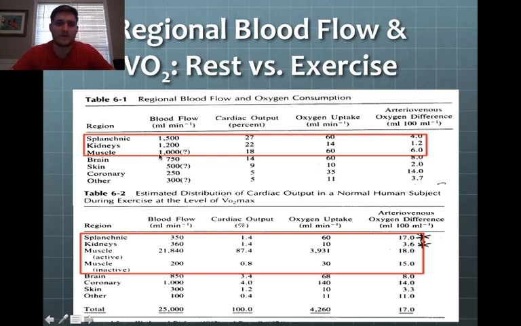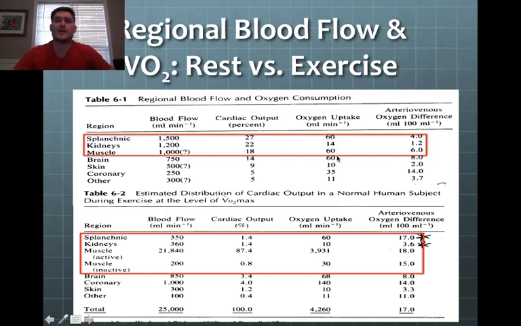Again, we are first looking at blood flow. And so splanchnic circulation around 1.5 liters, the kidneys 1.2 liters, the muscle can range depending on how much muscle mass someone has, but roughly, let's say, 1 liter of blood per minute. And when you look at the relative percentages at rest, roughly a quarter, roughly 20 to 25% for the kidneys, and then 18% of the cardiac output for the muscle.